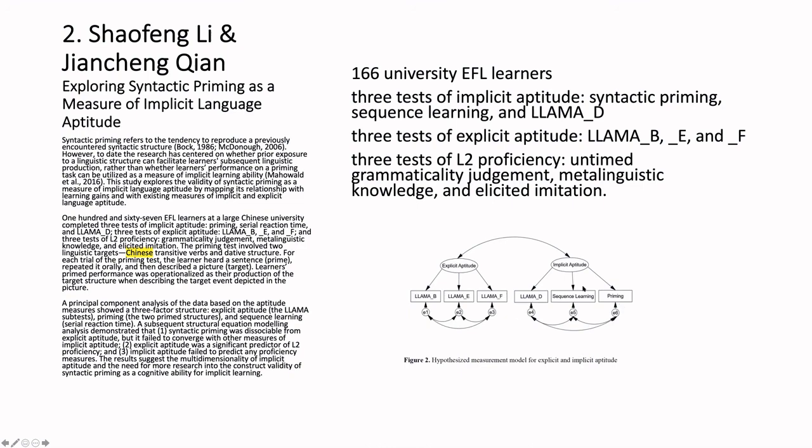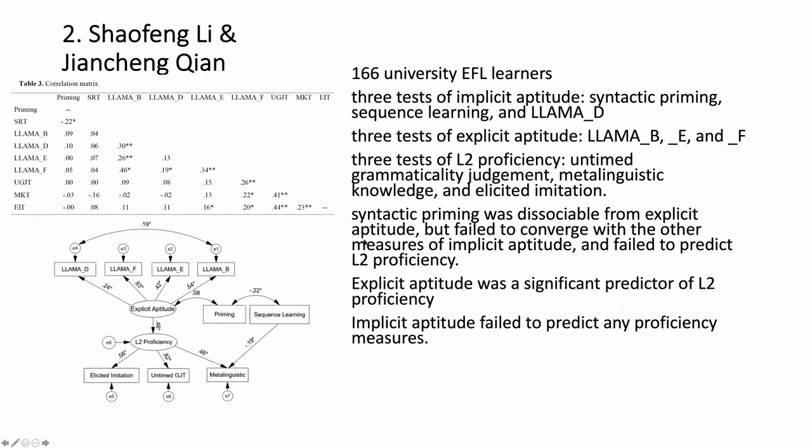They expected this factor structure. What did they get? 166 CFL learners, fantastic. Did they get convergence of the explicit tests? Yes, they did. Did they get convergence of the implicit tests? No, they didn't.